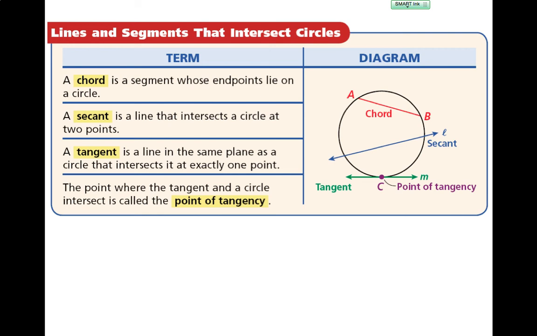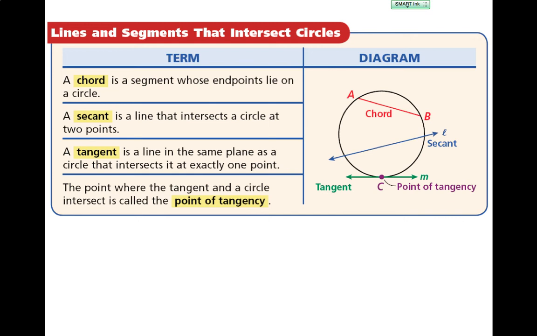All right, some terminology about segments and lines related to circles. Okay, a chord. It looks like it would be chord, but it's pronounced chord. A chord is a segment whose endpoints lie on a circle.